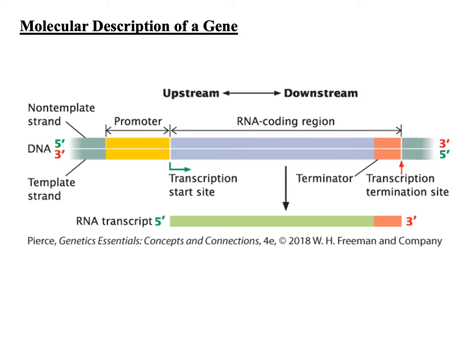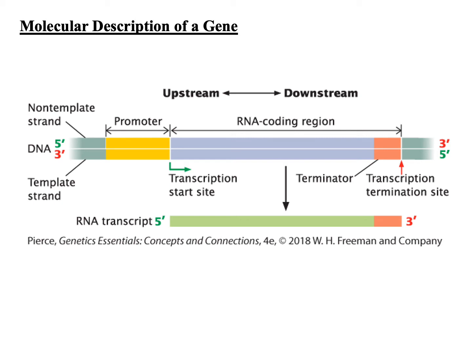At the opposite end, in the orangish color, right after the orange block, is what's referred to as the transcription termination site. So just like the promoter is a place to begin transcription, the termination site is where transcription will end. The result of transcription is the production of an RNA transcript.